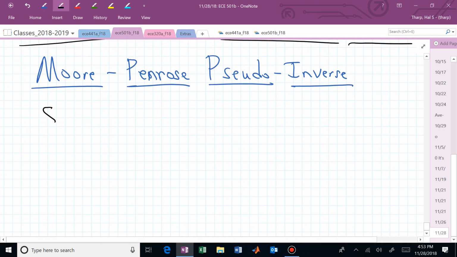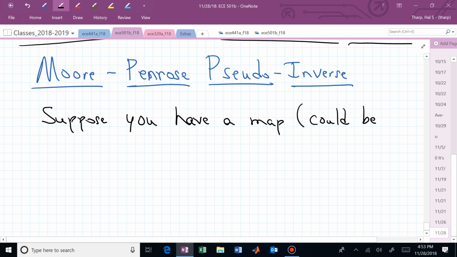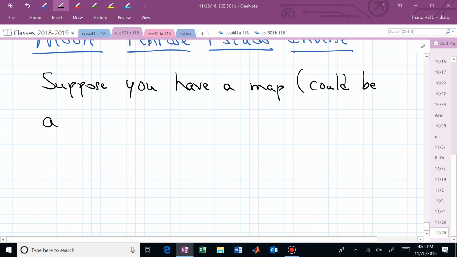Let's try to motivate this. Suppose that we have a linear map in some vector space. And this could be a measurement system.